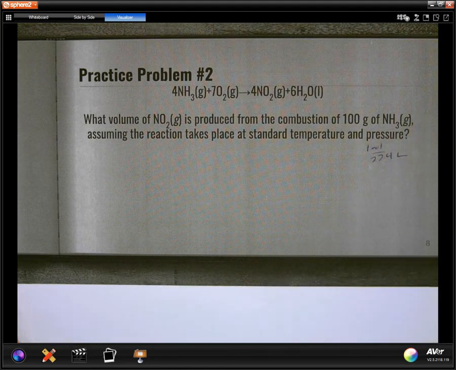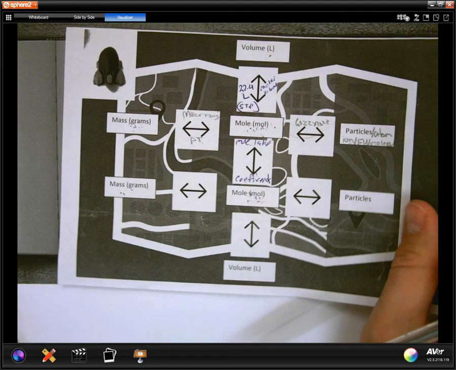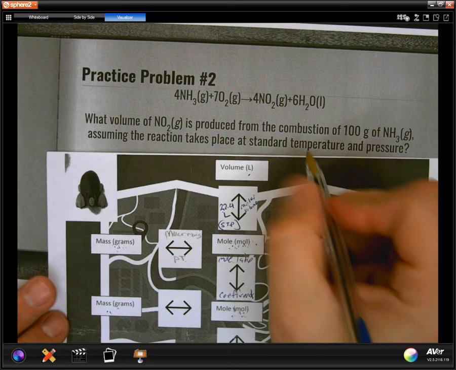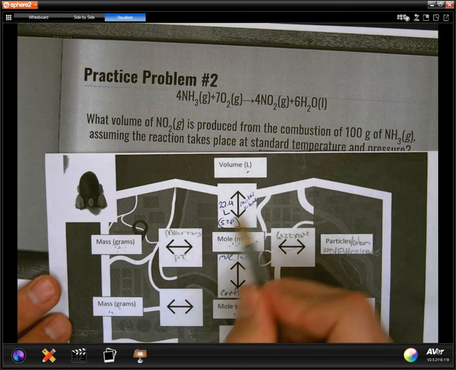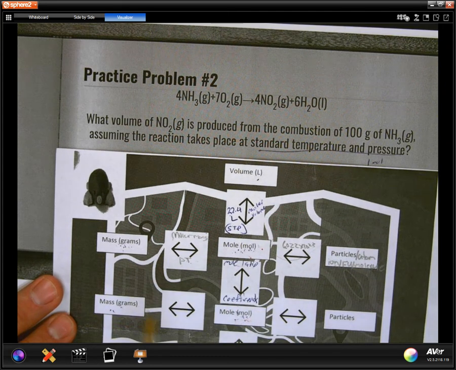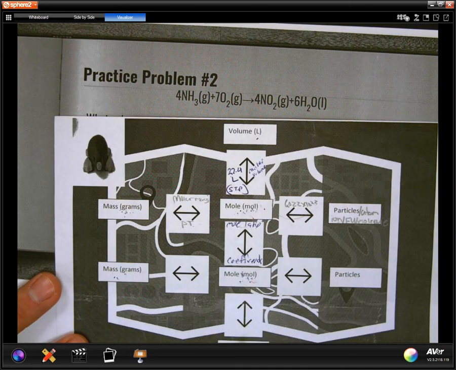And we're simply going to follow our stoichiometry. Since I'm at STP, I can use this conversion factor. And so now I'm seeing that I'm going to be starting in grams of one thing. I'm going to need to go to liters of something else.